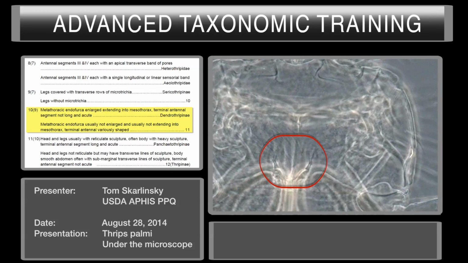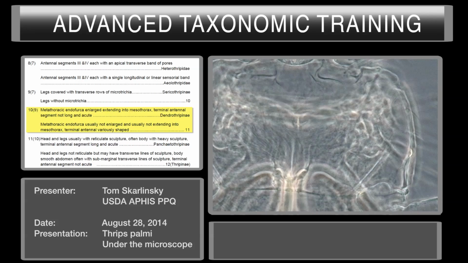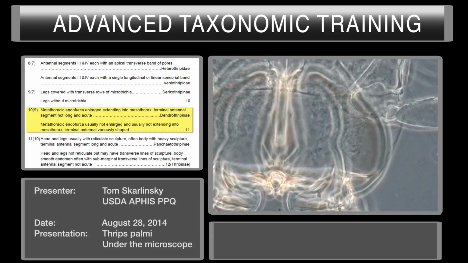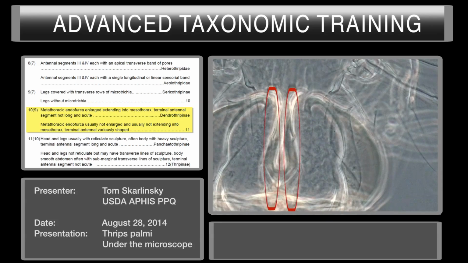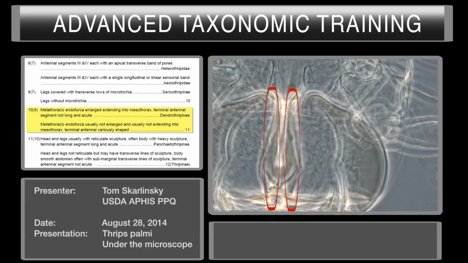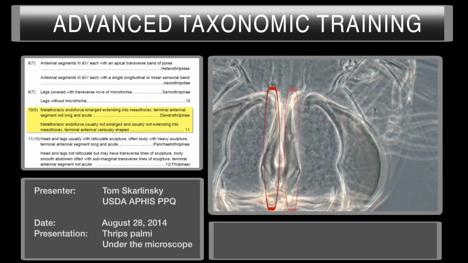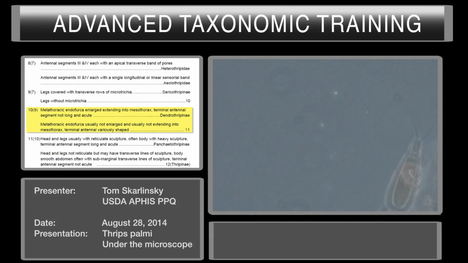You can see that this is up in the mesonotum, and they're very long. In the publications, they call these lyre-shaped, similar to a sickle. And there are these paired arms in the center. They're very long, so it's pretty clear we don't have this character state.